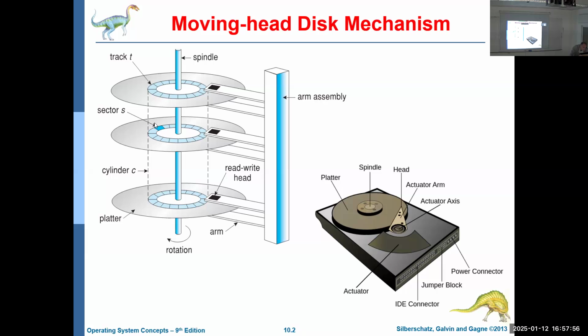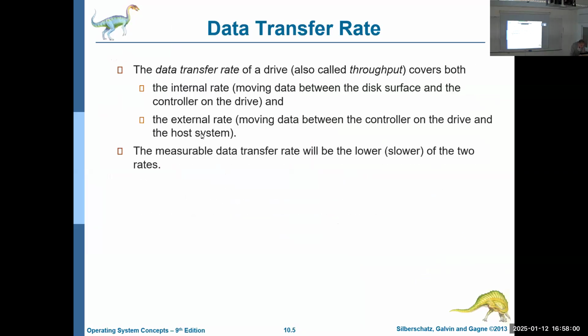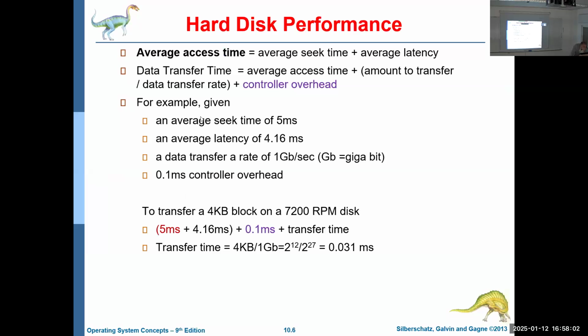The head doesn't move, I just have to move the disk around to get the sector under the head. So the average access time equals the average seek time plus the average latency. I gotta move the head to the right track, and then turn the disk to get the sector in the right place. Both of those things have to happen one after the other.